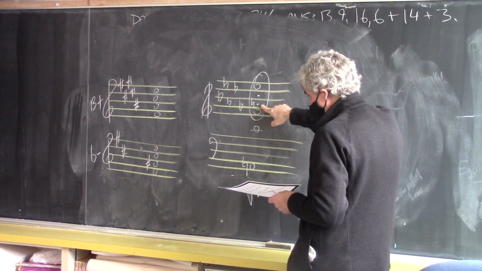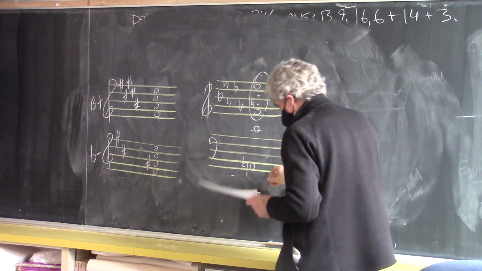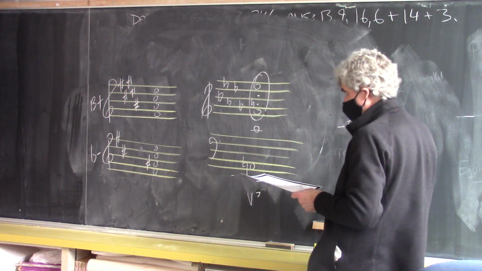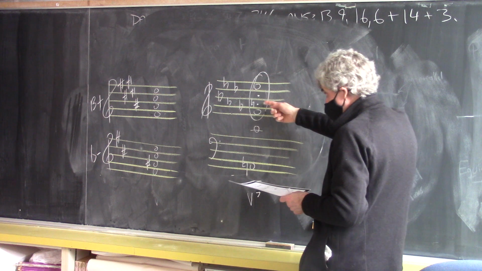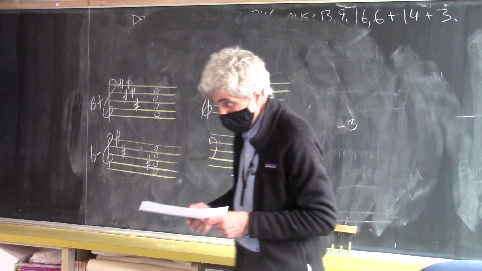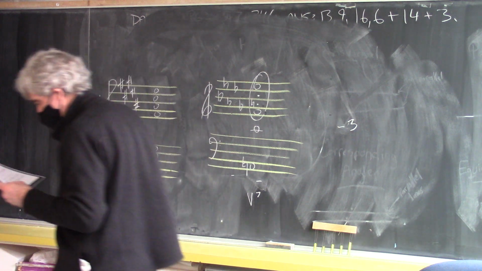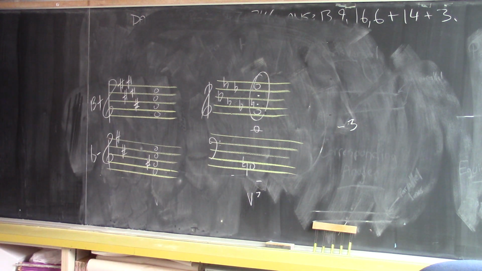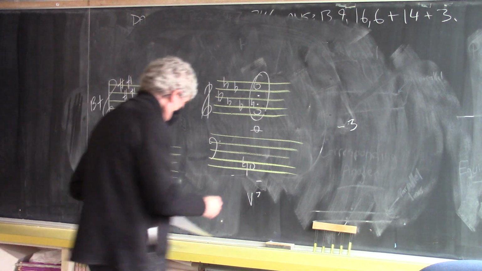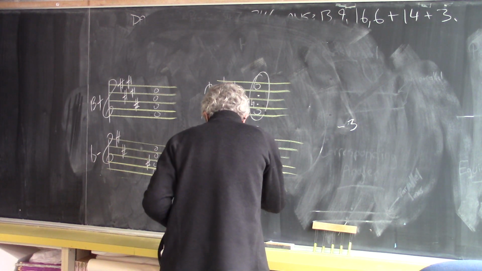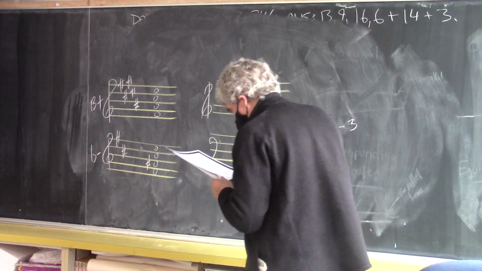And if there's a raised leading note, then my key is going to be minor. So up a semitone from A, what's my key? B flat minor. Okay, so we got that.